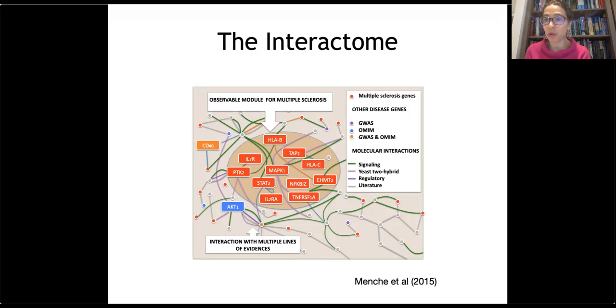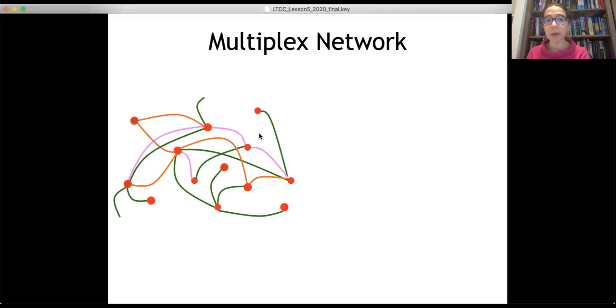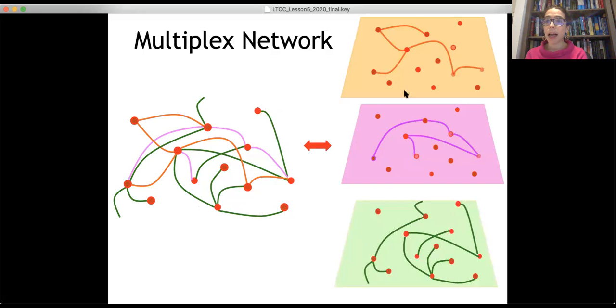And this is the multi-layer approach. So every time you have a network like this, where you have a set of nodes and interactions of different type, different connotation, you can disentangle it and have it as a multiplex network in which each layer corresponds to the interaction among the nodes of the same type.